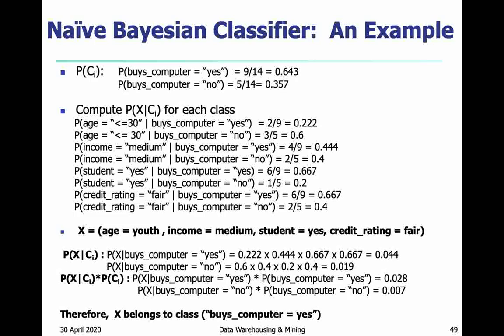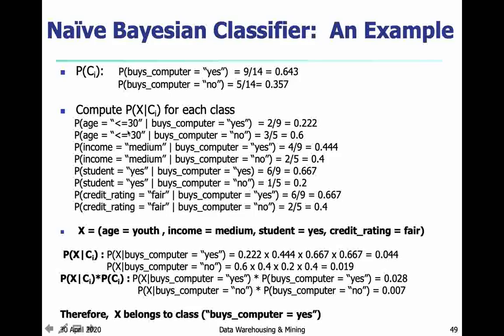Fine. So now we will find the probability of X conditioned on Ci. There is one mistake here; this will be youth.